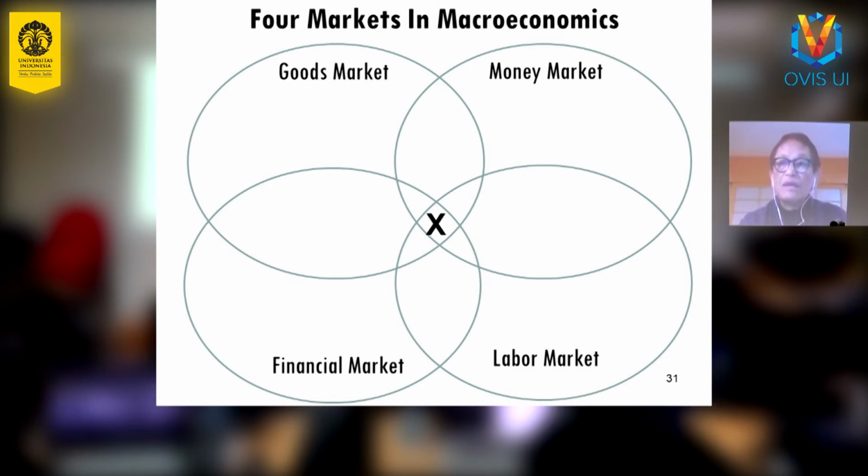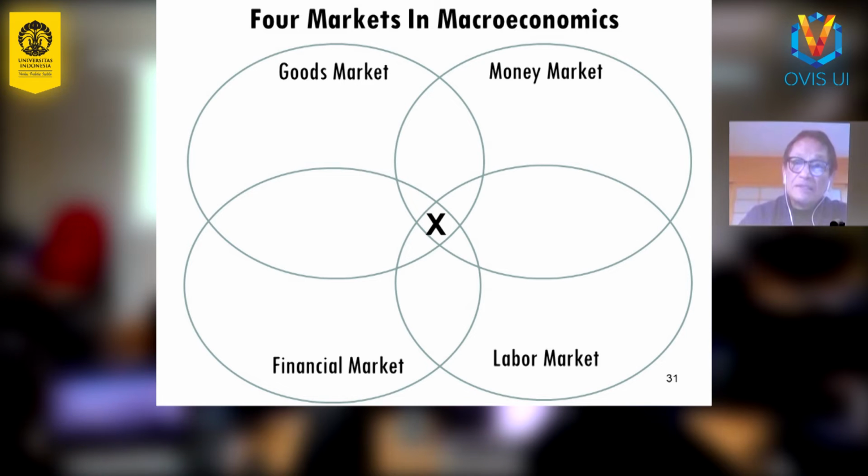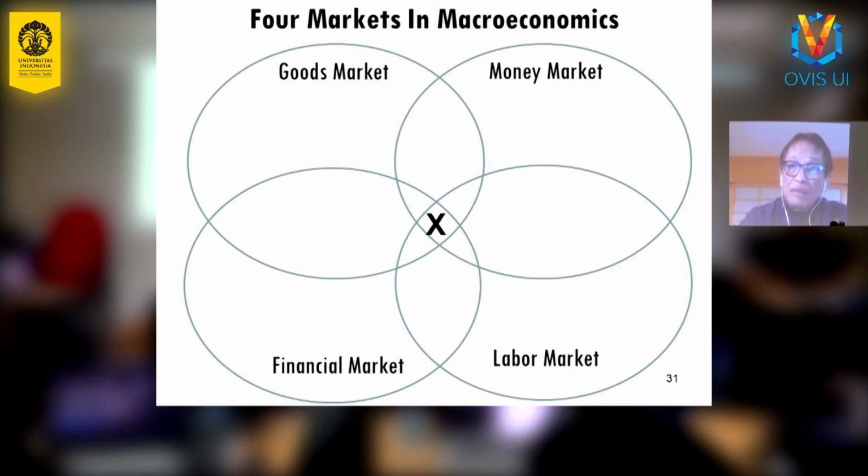How do I move this? Okay, here's the medium run. So what we learned today is that if output increases, what happens with unemployment? Unemployment decreases. If unemployment decreases, what happens with the prices? Remember aggregate supply? P will increase.